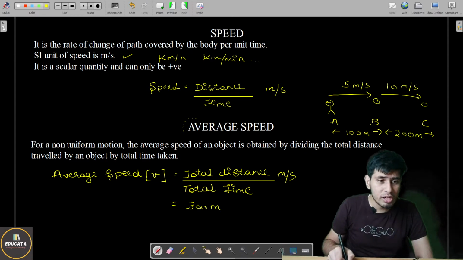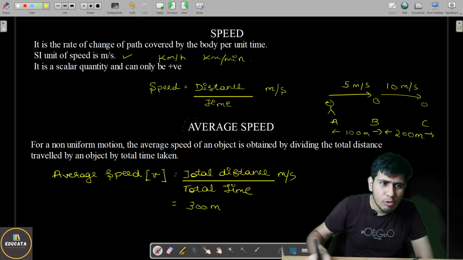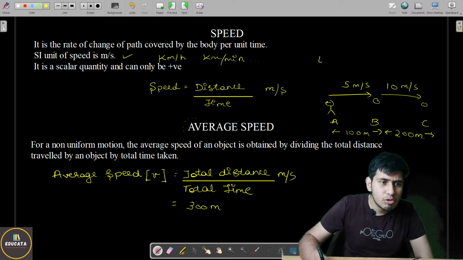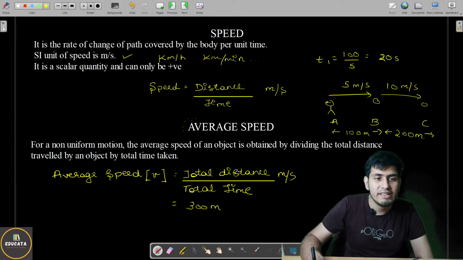Do we know the total time? No, we don't. But can we calculate the time using these quantities? We have speed, we have distance. So is time not equal to distance by speed? Time is equal to distance by speed. So we can simply write it as 100 by 5 meter per second, which is equal to 20 seconds. Okay, this time is equal to 20 seconds.